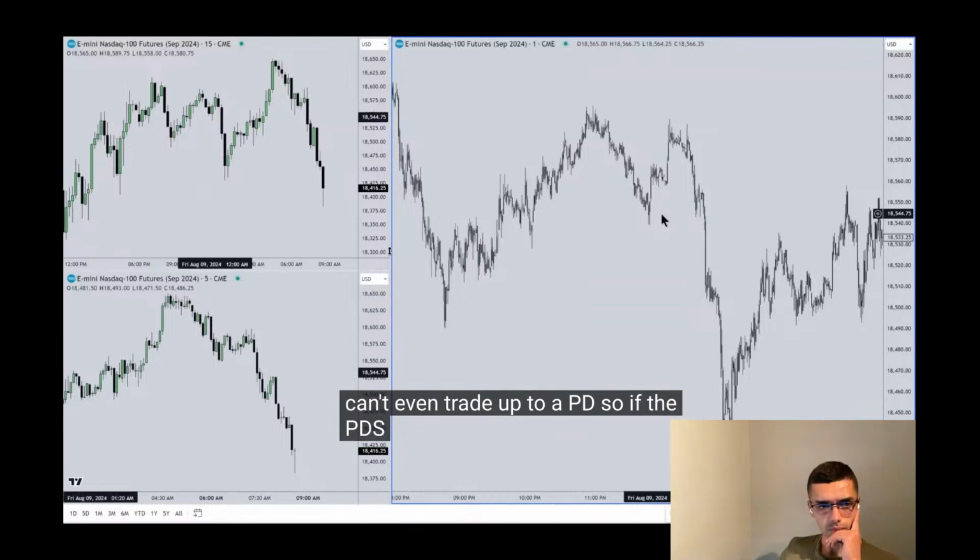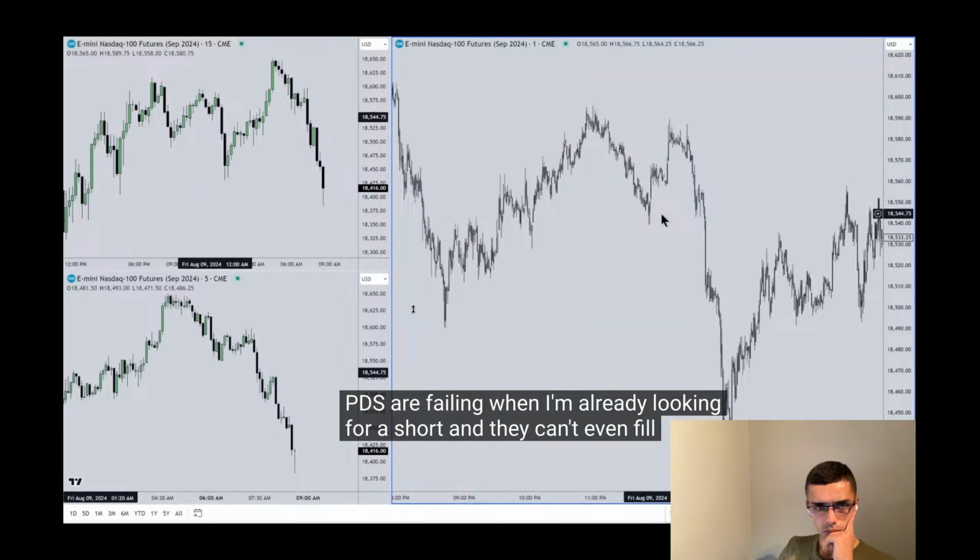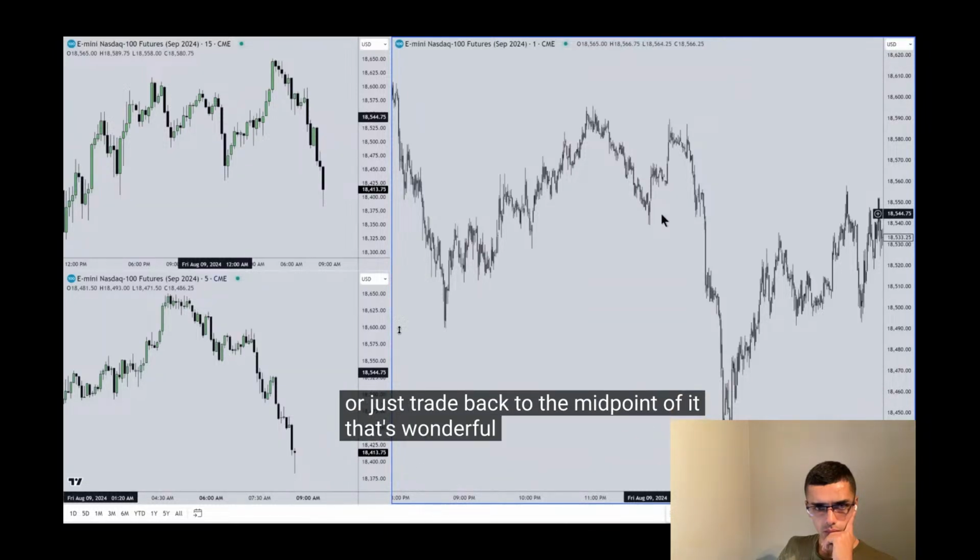So if the PD arrays are failing when I'm already looking for a short and they can't even fill in or just trade back to the midpoint of it, that's wonderful insight. It keys up on this is going to be a nice run, and then look for the inefficiency to be low price for a single low or relatively good lows for it to trade to sell side liquidity.